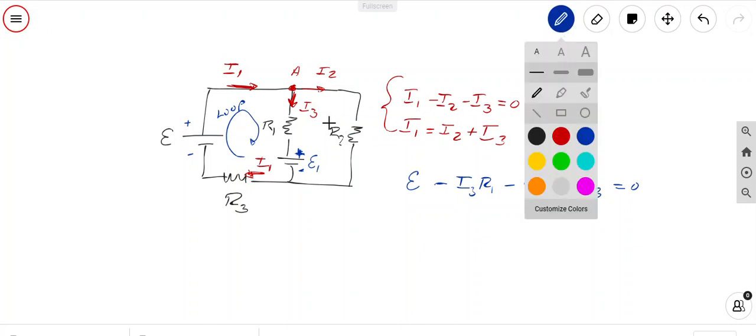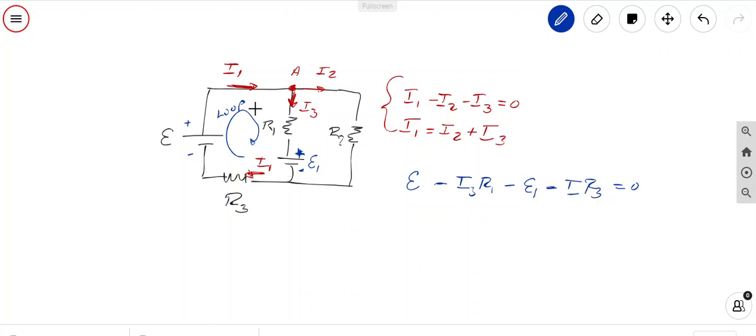And the loop rule says that the algebraic sum of the potential differences around a closed loop must be zero. So for example, I have here one loop that is this one over here, and the components that are part of this loop are this battery I have here with an electromotive force, or an electric potential, then this resistor 1.